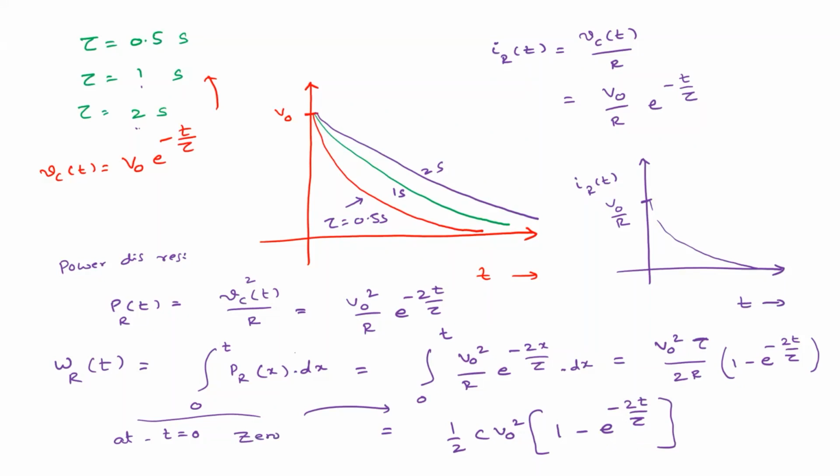Similarly, at t equal to infinity, what is the value? Half CV naught square, and this entire exponential term is 0. So what do you understand from that?